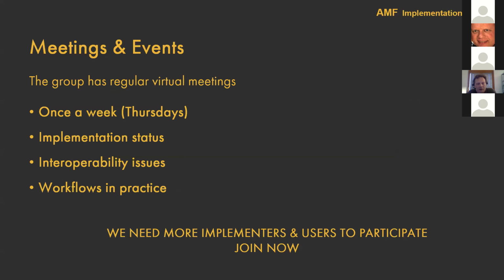We already have some implementations that we'll present today, but we also discussed the implementation status, how far people are in the implementation, also discussing interoperability issues. We also do small exchanges of AMF files between different products, open source or commercial, and see how things go. And also we discuss the workflows, how they are really doing in practice.